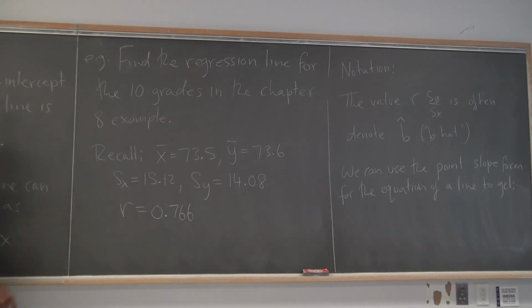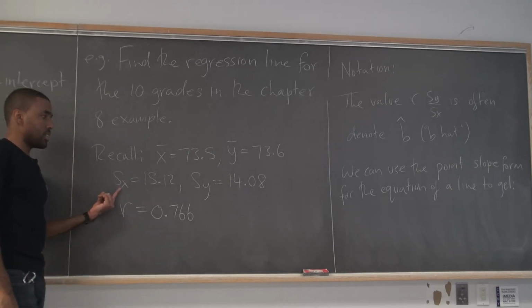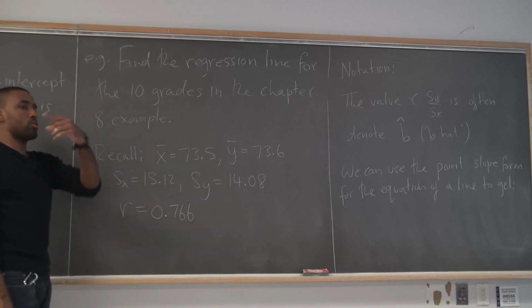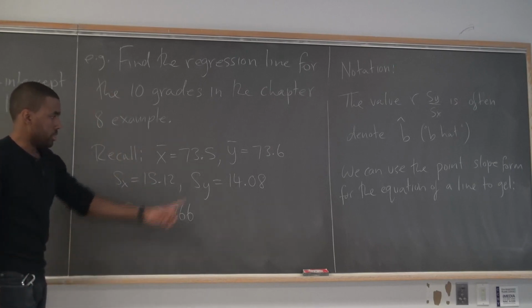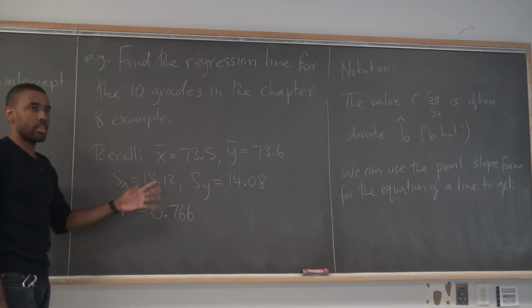Okay. So the important thing here is you might be given these, but you might not be given them. So you need to know how to compute each of these values from the formulas. This is just the standard deviation for x. You take that square root of the average distance. Same thing for the y. This is the R value, which is the covariance divided by the standard deviation.